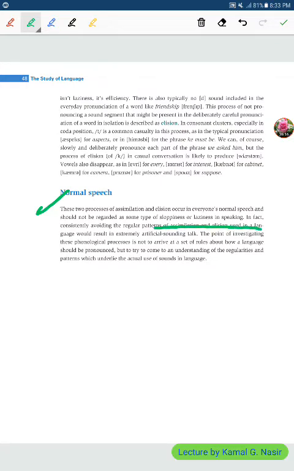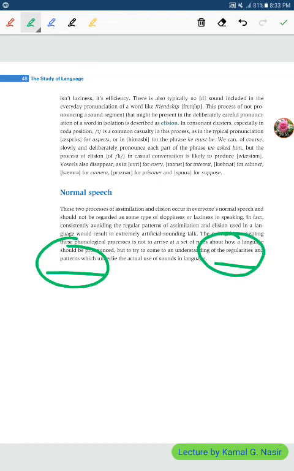They may be regarded as an irregular way of pronouncing words, especially in rapid and casual speech, and not in slow and careful speech, where all the sounds are in regular patterns.